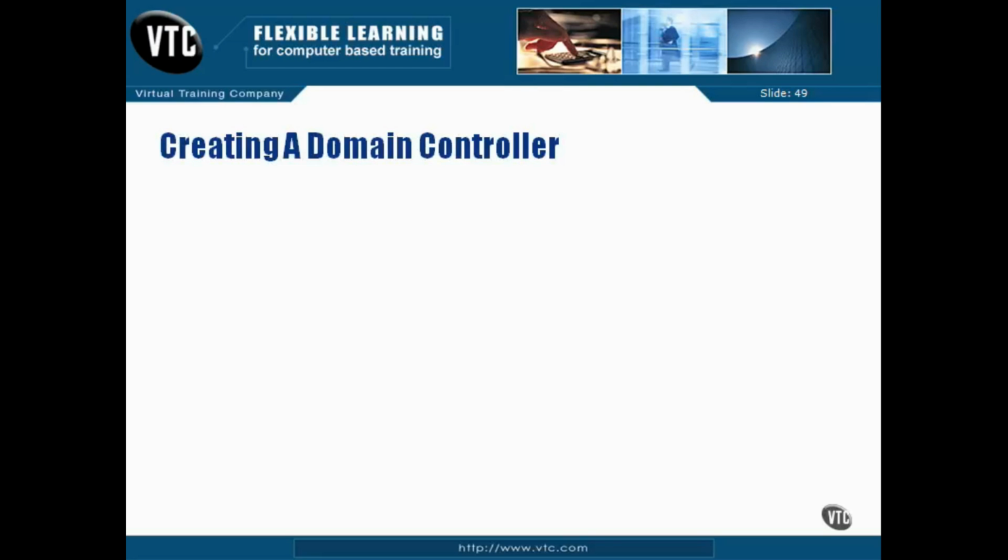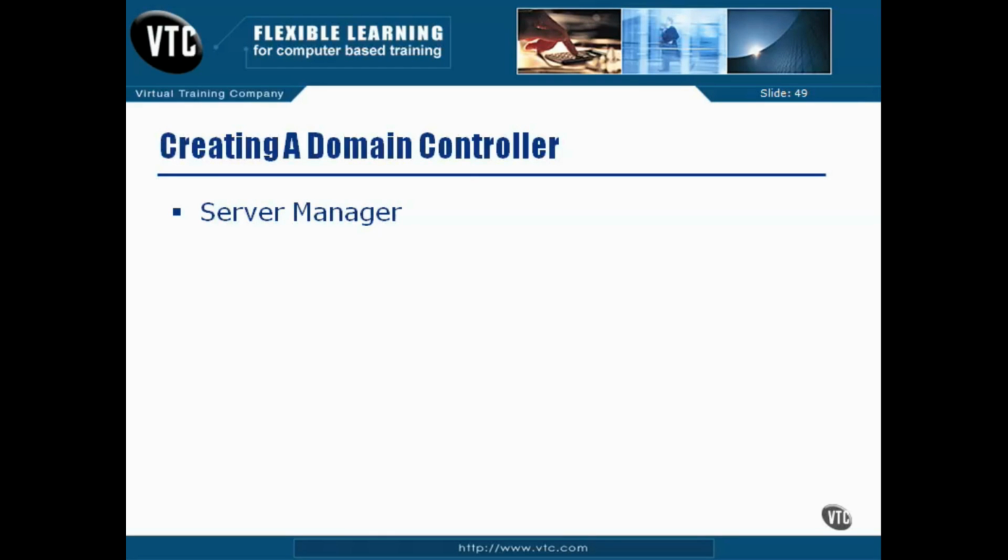Now let's take a look at creating a domain controller. So we've installed Windows Server 2008, and keep in mind, when Windows Server 2008 is installed, you get a bare bones box. Nothing's going on in this thing. So we're going to have to go in and give it the functionalities that we want. I'm going to talk you through it here, then we're going to actually go do it. You're going to open the Server Manager up, and then we need to add a role.